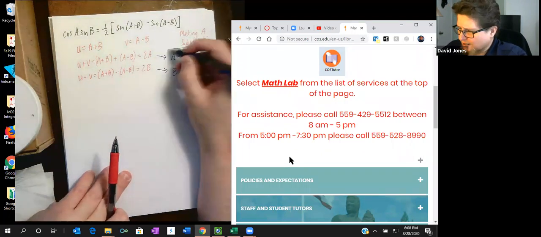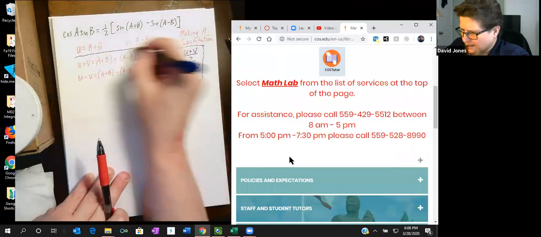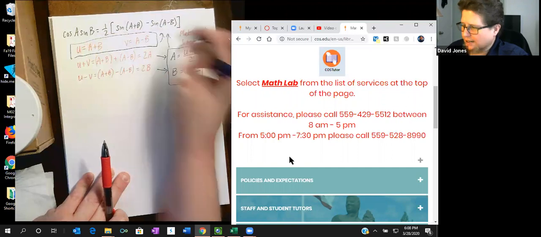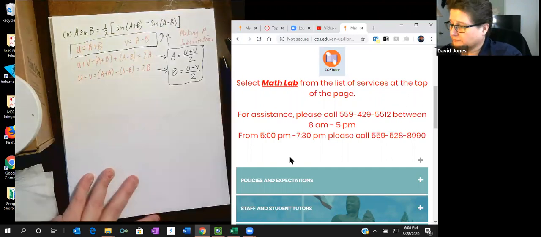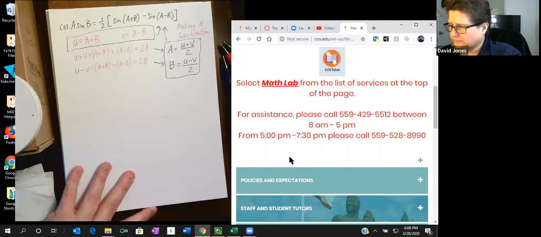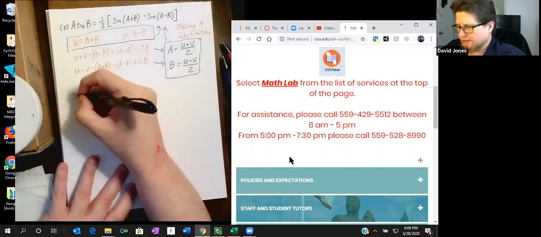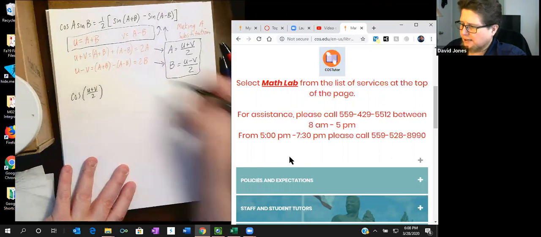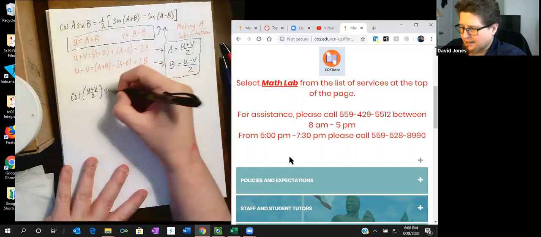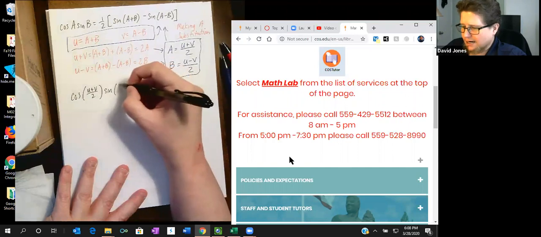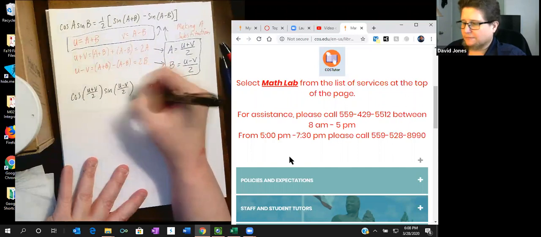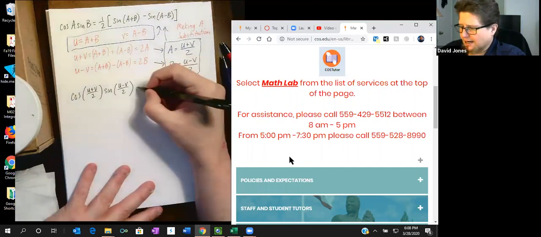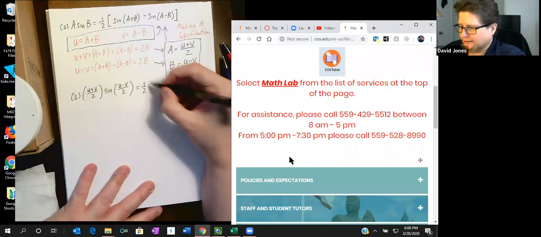So let's take those and plug them back into either side of the equation, wherever they pop up. Cosine A is cosine of U plus V over 2. Sine B is sine of U minus V over 2. Then I have the right side is 1/2.